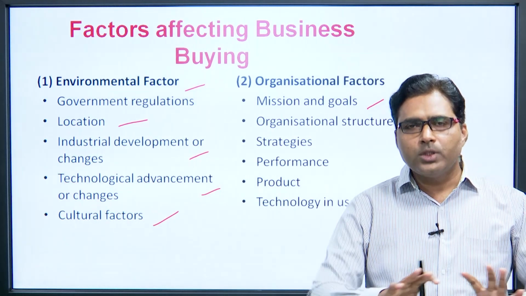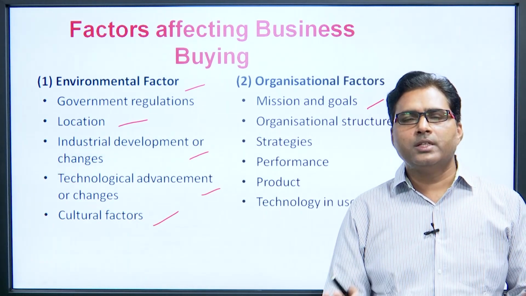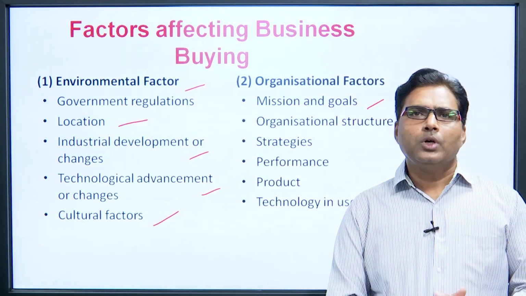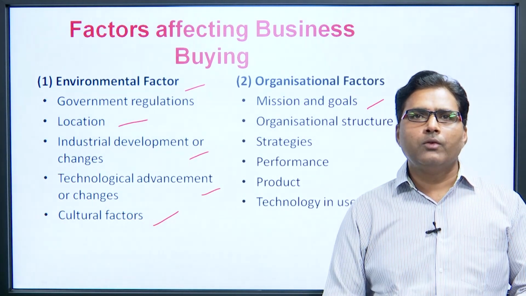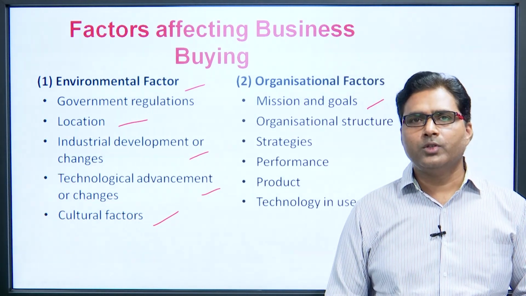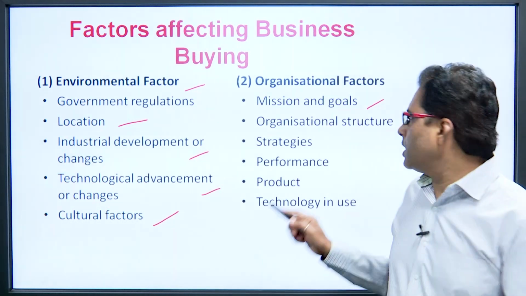So, both companies will have different kinds of requirements, and for their future also. So, the missions and goals will have a great impact on the buying process or the buying behavior of the businesses.